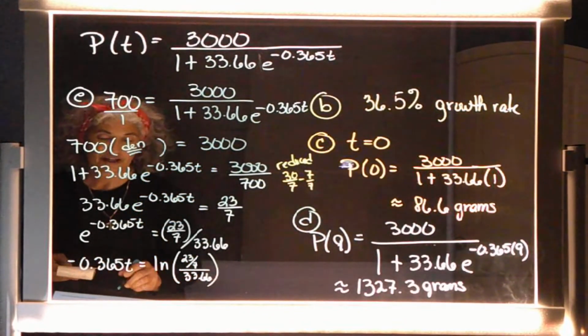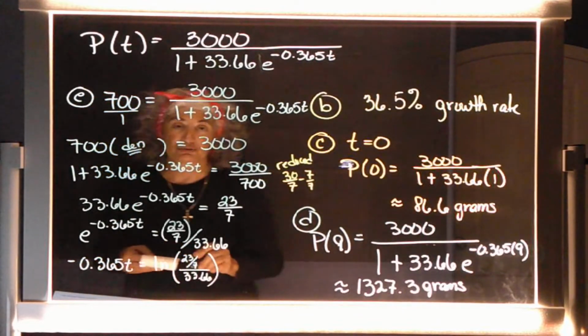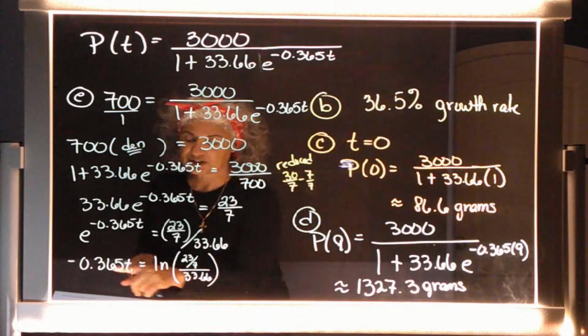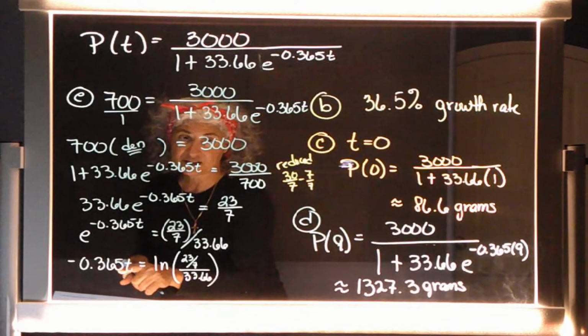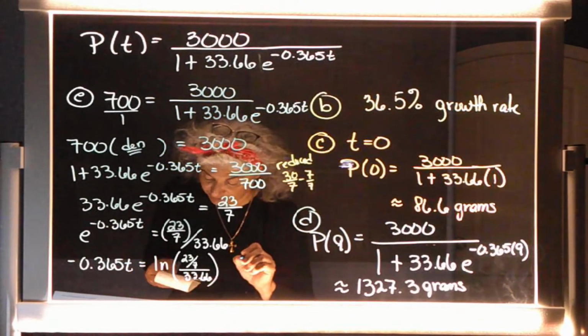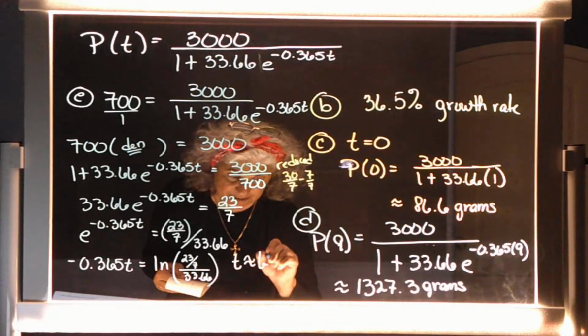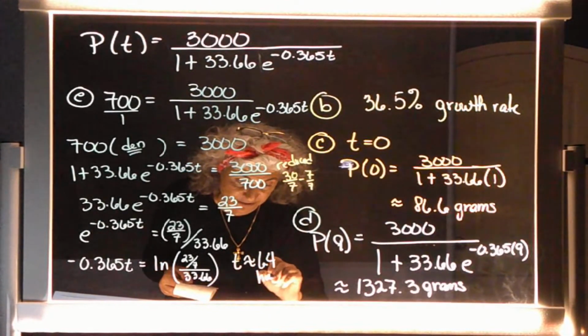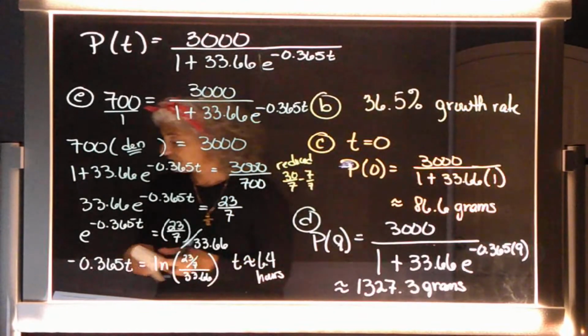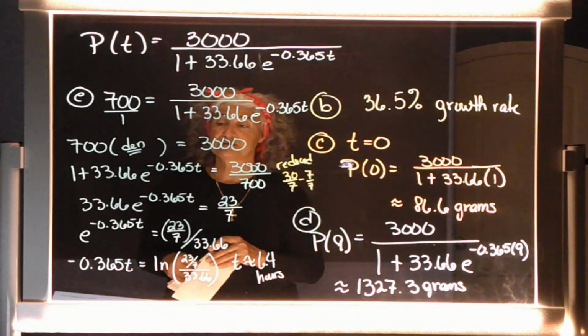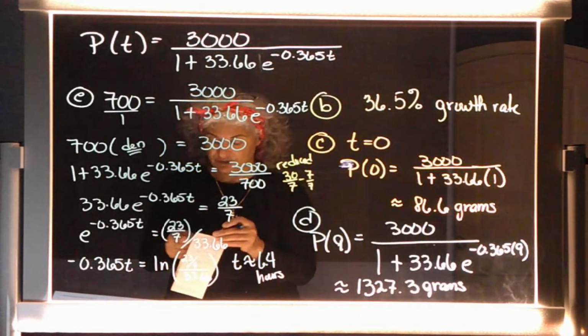And then you get to divide both sides by that decimal, don't you? So here's the thing. I'm not going to show it, but you know you have to divide both sides by this negative decimal. So for me, after I did that division, I got time is about 6.4 hours. So it's going to take about 6.4 hours for this bacterium to reach 700.